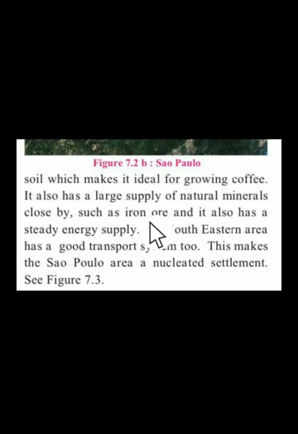Because the land in Brazil is very fertile. It also has a large supply of natural minerals close by, such as iron ore, and a steady energy supply. First of all, they have the primary occupation, agriculture, where they grow 2 crops in which they lead the entire world, both coffee and sugarcane.